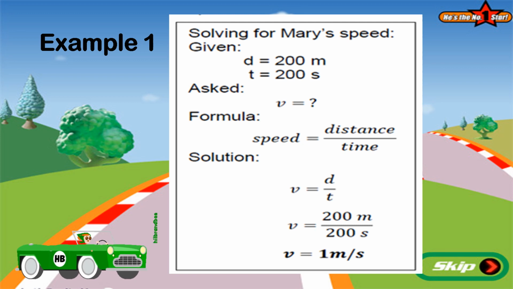So you have speed is equal to distance divided by time, or you may write the symbol v is equal to d over t. And then the next step is the substitution of the formula. So you will write 200 meters divided by 200 seconds. Therefore, Mary's speed is equal to 1 meter per second.